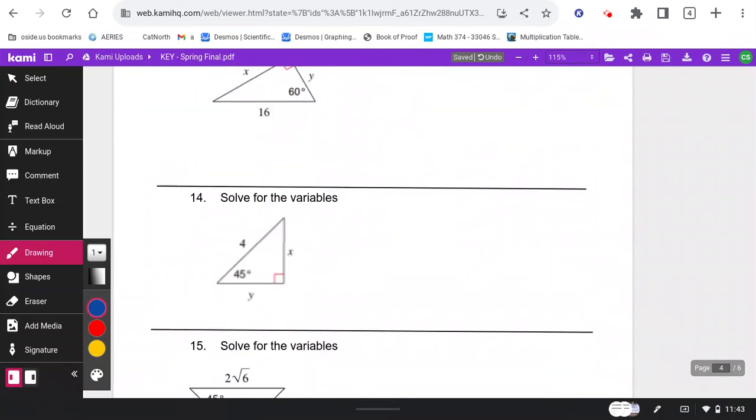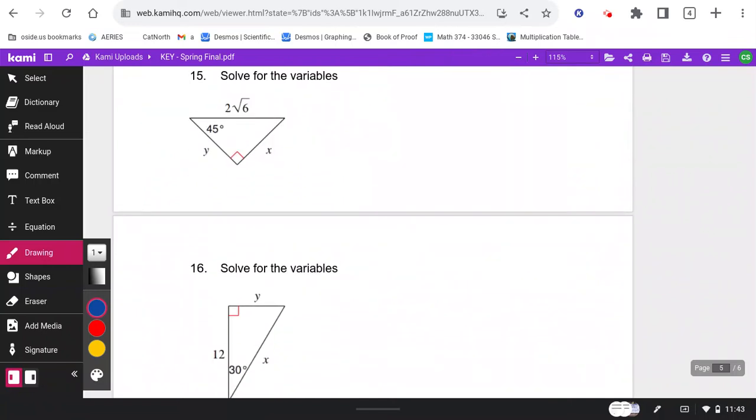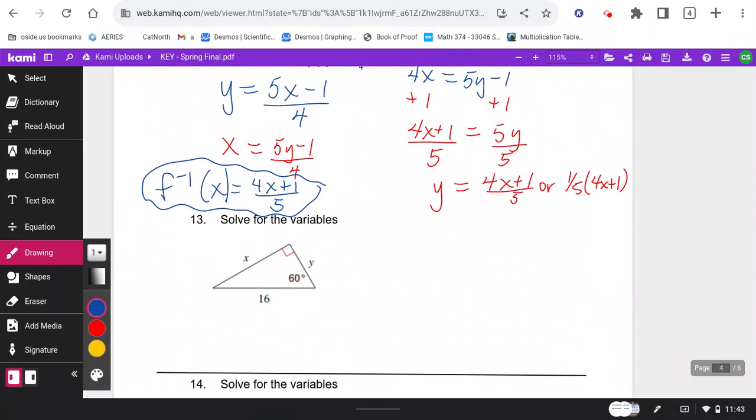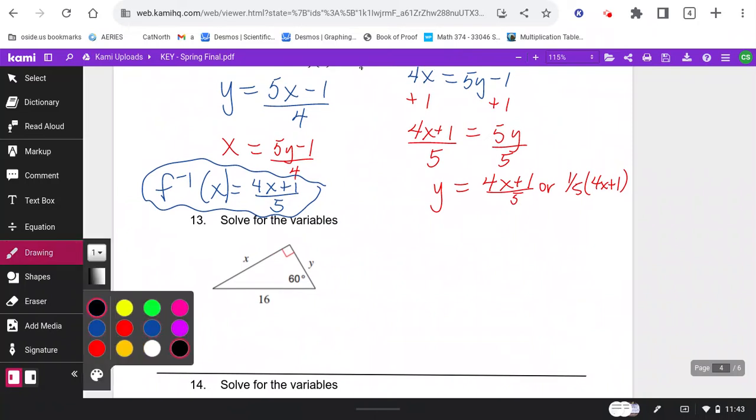All right, for number 13, 14, 15, and 16, all of these are using the 30, 60, 90 or 45, 45, 90 triangle rules. So let's remind ourselves what those are.